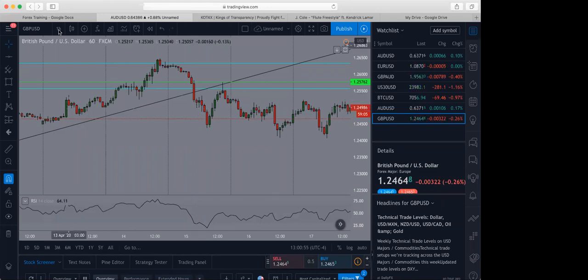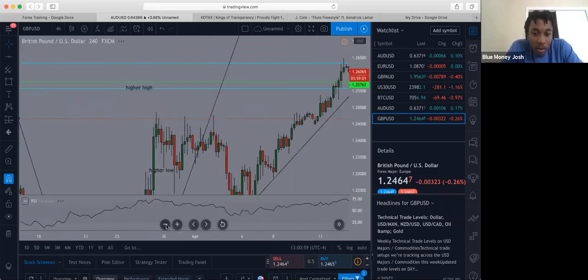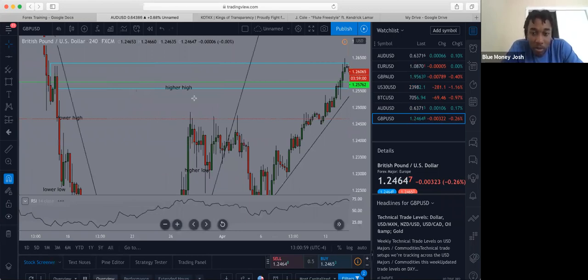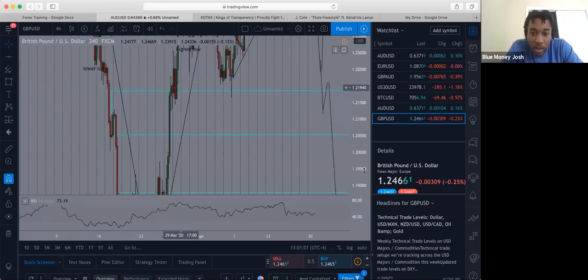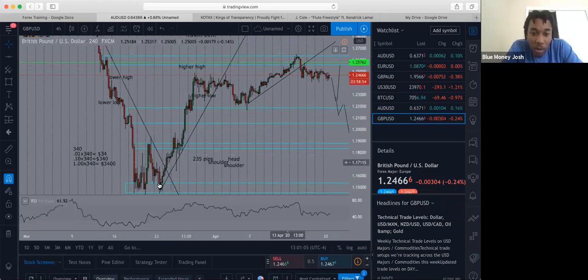For example, see how we saw this big W on the 4 hour and it bought for 900 pips.